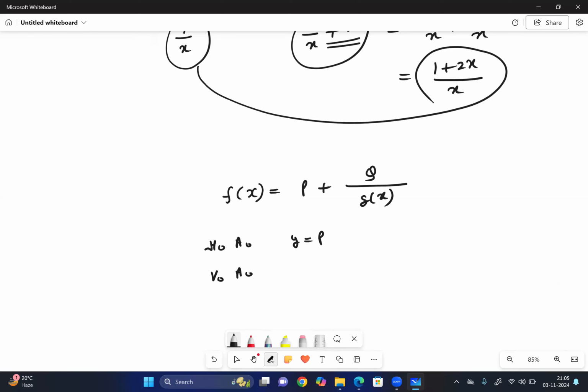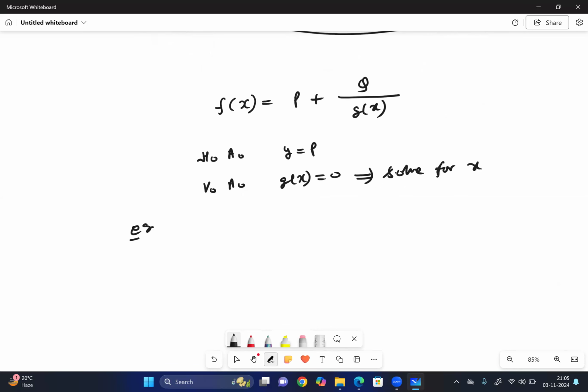And the vertical asymptote we get by putting Gx equal to 0 and solving for x.